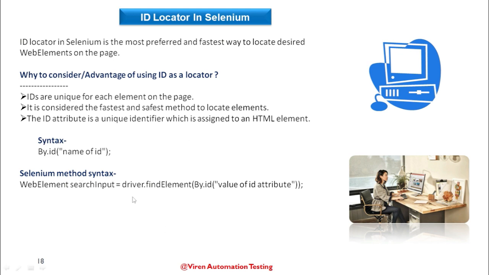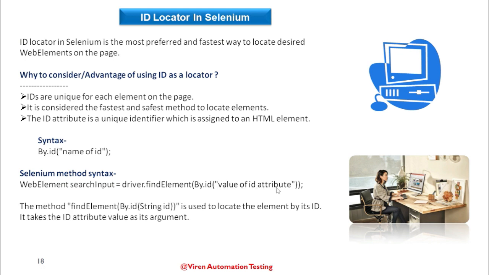So this is driver.findElement. findElement will help you to locate your web element on the web page, and inside findElement you need to provide the By class and the locator, and this is the value of the ID attribute. You already know what is the attribute and what is the value of the attribute.